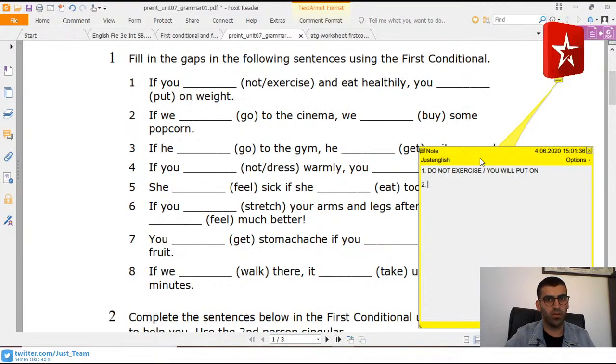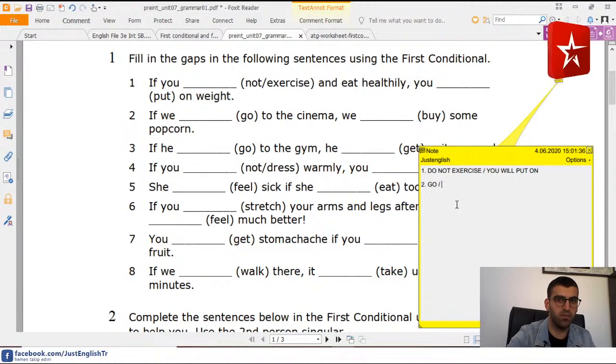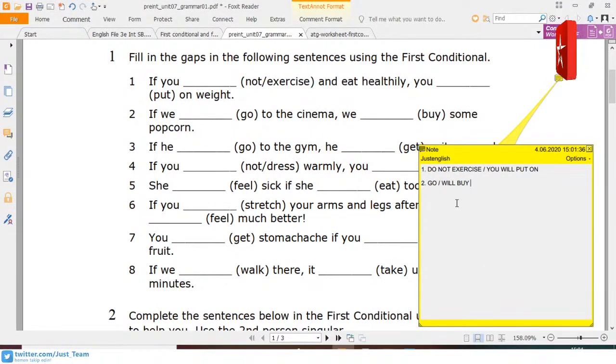Not will, number 2 is buy. Yes, if we go to the cinema, the first part is go. If we go to the cinema, we will buy some popcorn. Will buy is a correct answer for number 2.